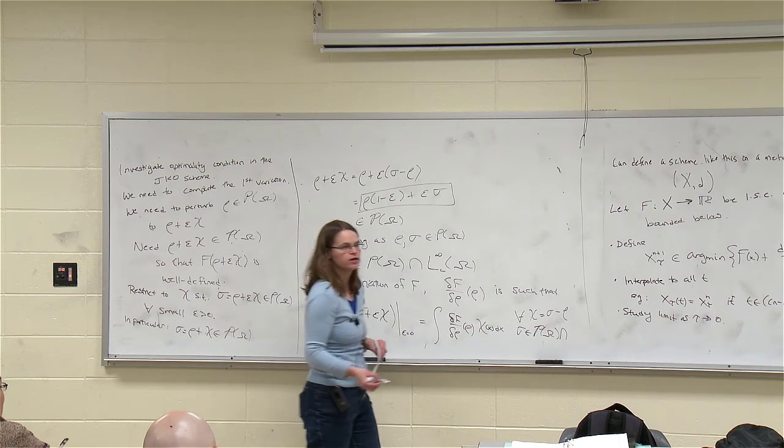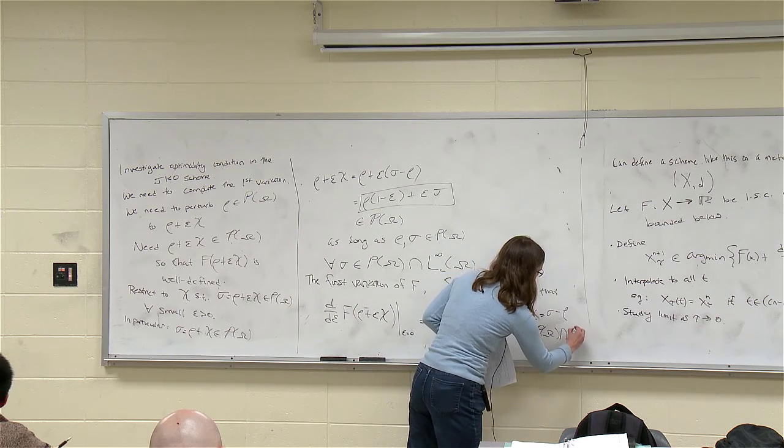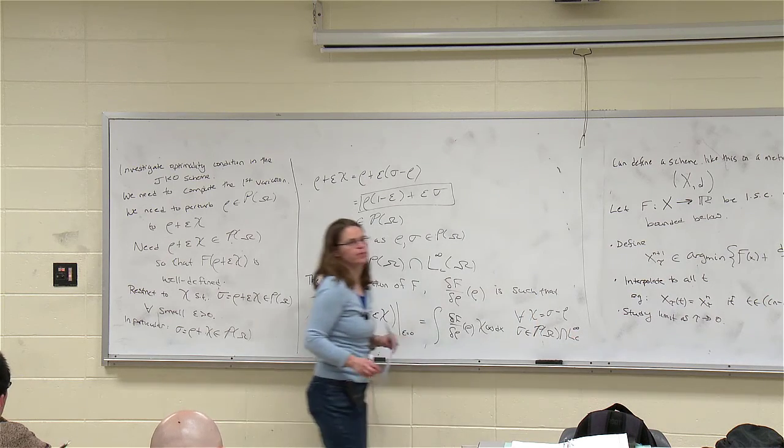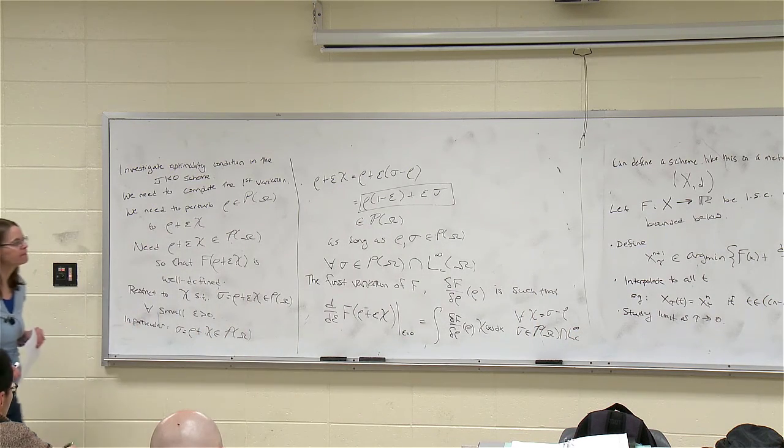So a probability density, and typically we take it to be something that's bounded and compactly supported.